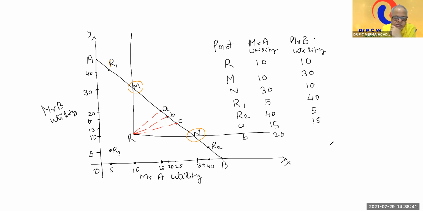At A point, A 15 and B 50, and so on: 25 and 30.